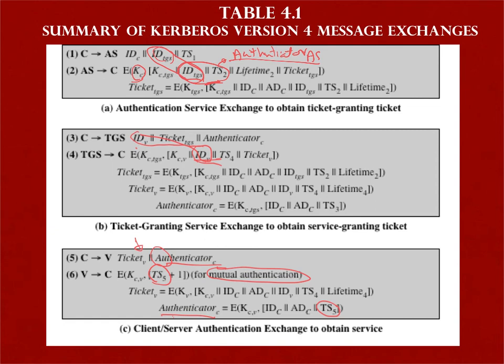It mitigates the replay attack, right? And at the same time, it's used for mutual authentication, right? So that's why I have to echo back TS5, and I have to put plus 1 because I have to verify. You have to verify that this is a fresh message.